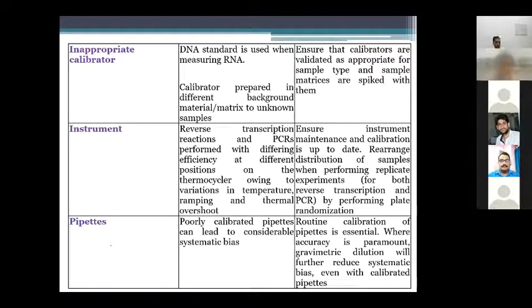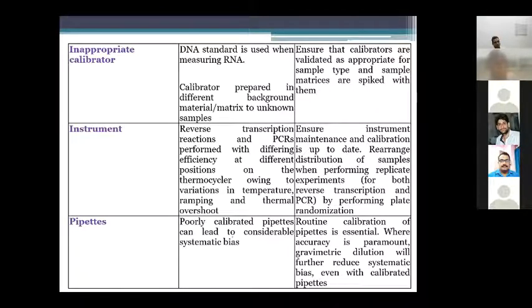Pipettes: poorly calibrated pipettes can lead to considerable systematic bias. If your pipette is not calibrated properly, you may design a very good experiment, but the result does not come up to the mark, because if you are not using a calibrated pipette, each time you are putting a different amount of cDNA in the reaction.